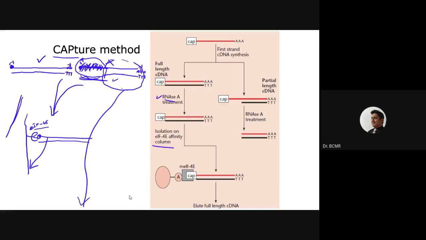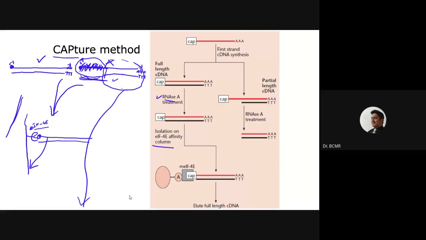So we can always find the 3' end because the majority of eukaryotic mRNAs have a poly A tail, and on the 5' end they have the GCAP. So this is a solution for cases where partial reverse transcription happens.